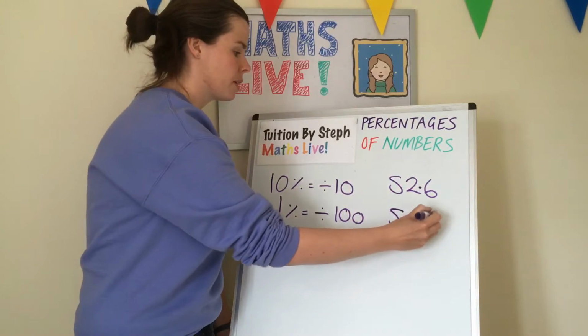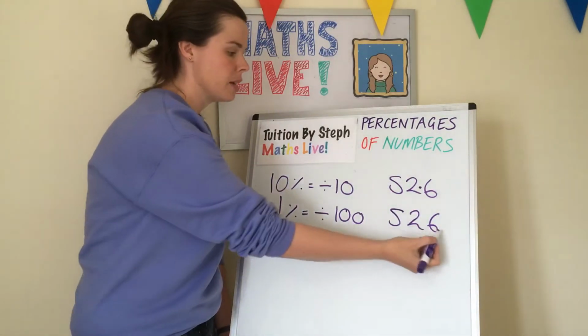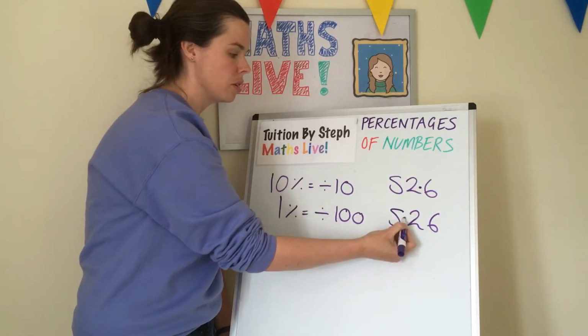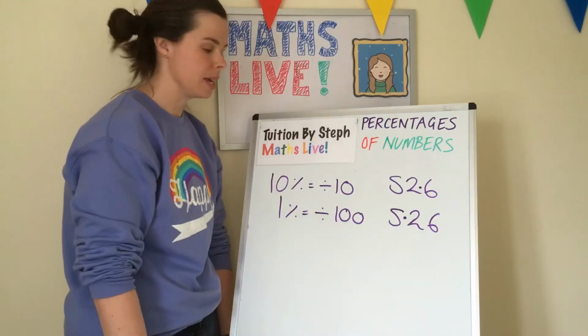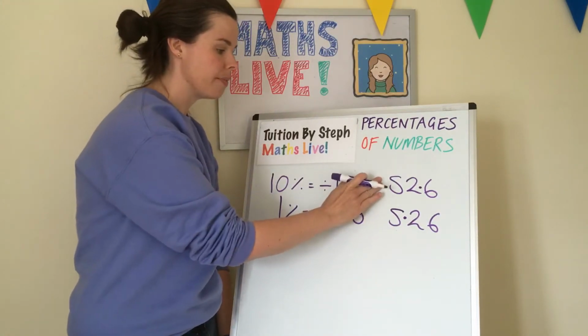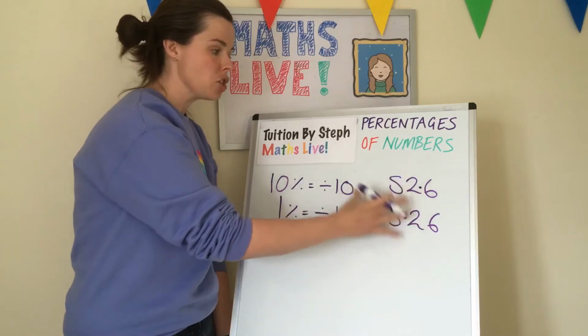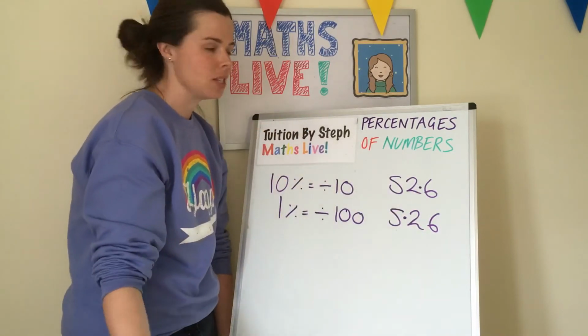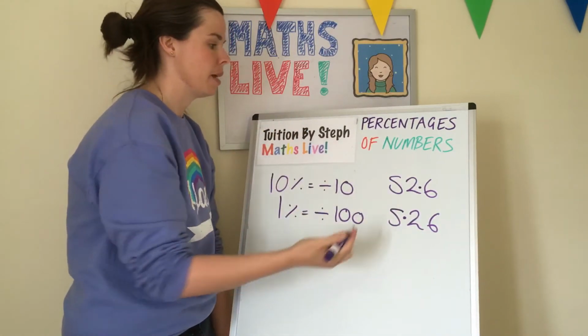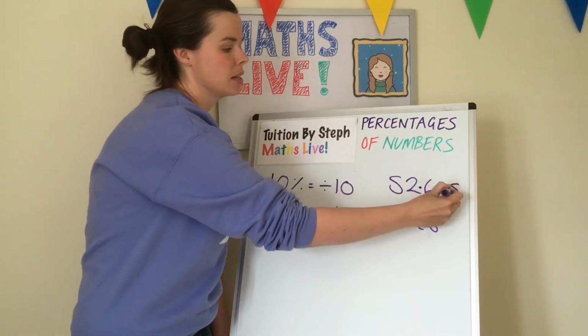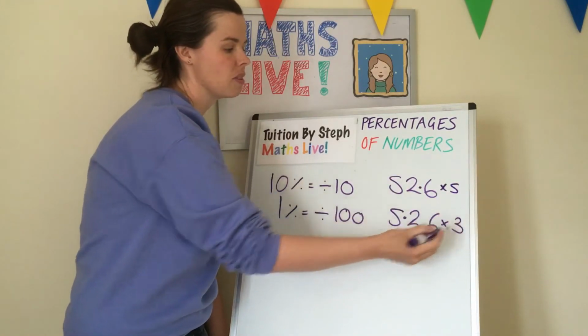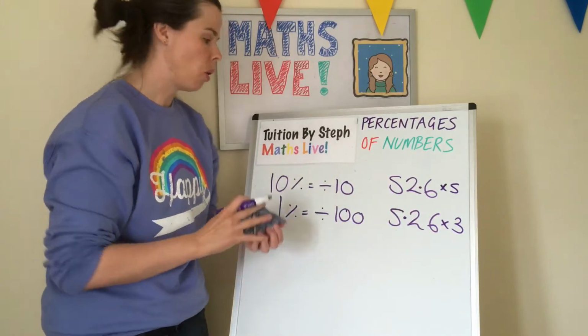Same number, if you're finding 1%, you divide it by 100, which is 5.26. Now, there's your 10%, there's your 1%, and you can use that to find any percentage now. You could find 53% because you'd want 5 lots of this, and if you do 3%, 3 lots of this, and it'll give you the whole percentage.